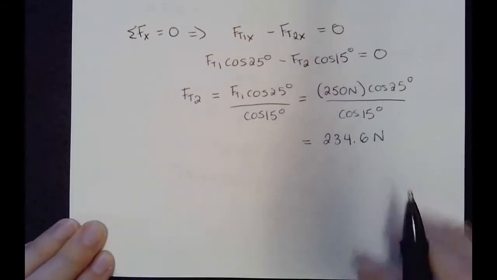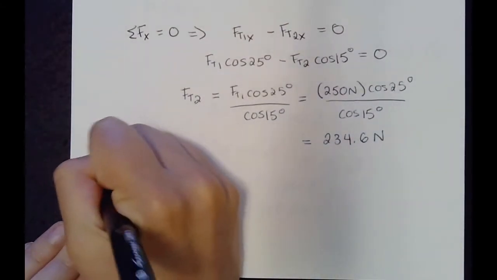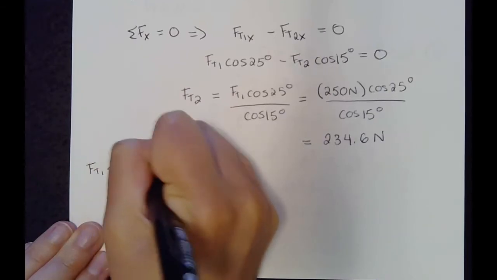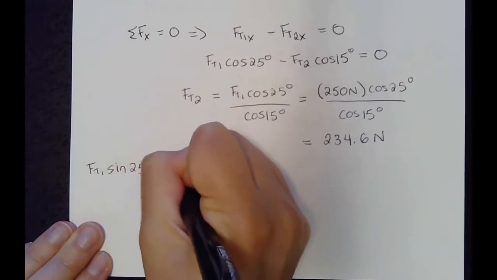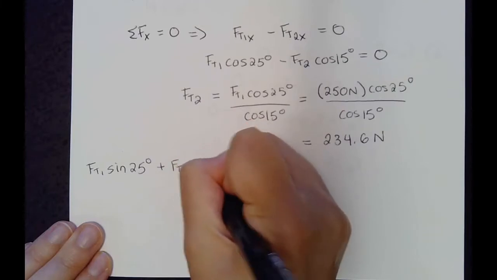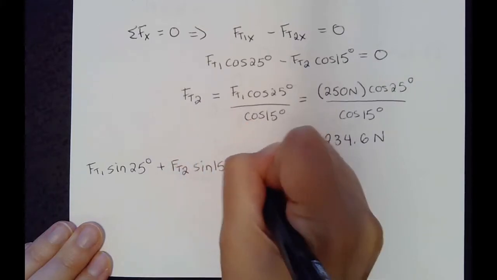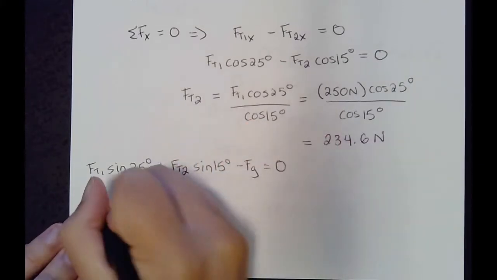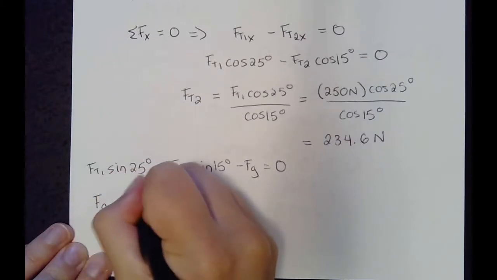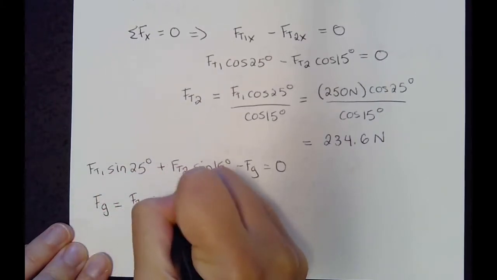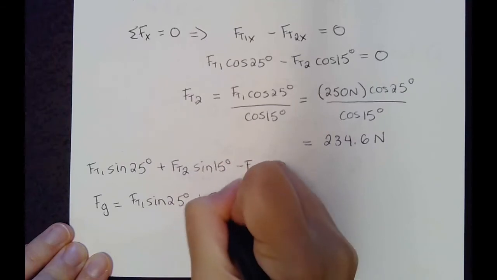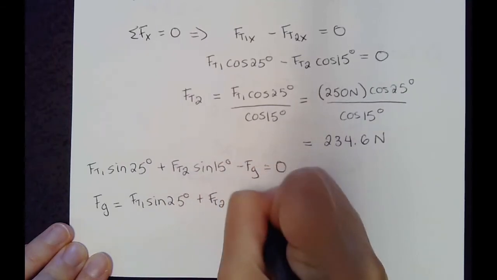So we were starting with Ft1 sine 25 plus Ft2 sine 15 minus Fg equals 0. So we get Fg equals Ft1 sine 25 plus Ft2 sine 15.